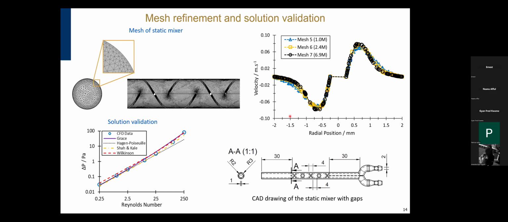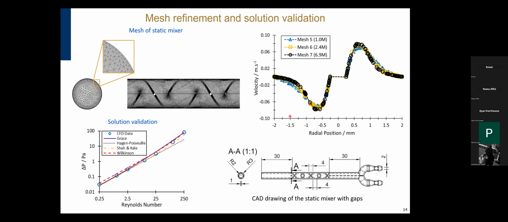Now, after you've done your CFD simulation, just like in any numerical method, you want to make sure that your solution is valid. So you may have to validate it with experimental data or correlations out there.